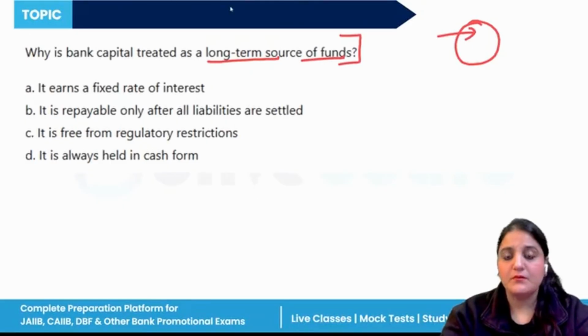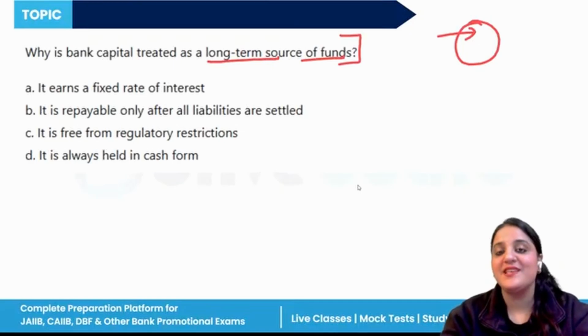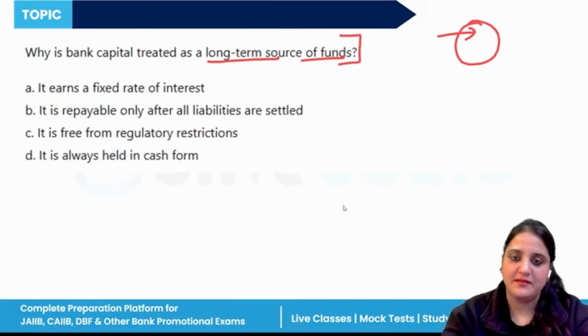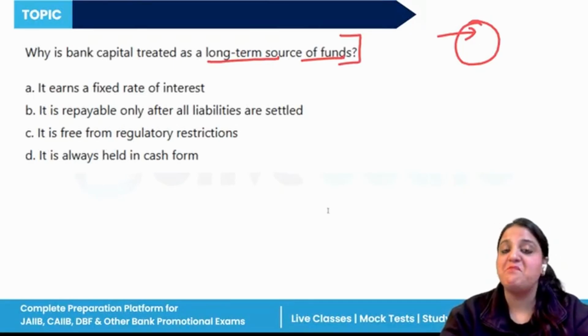So we can say that capital ensures financial stability, protects public confidence, and also supports risk-taking capacity. Why is bank capital treated as a long-term source of funds?